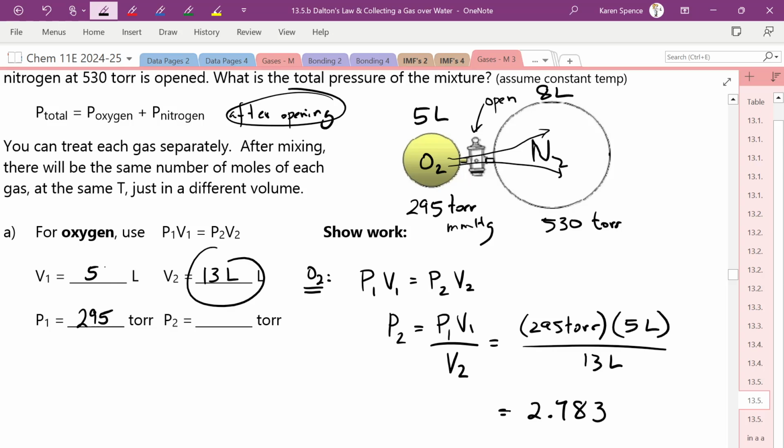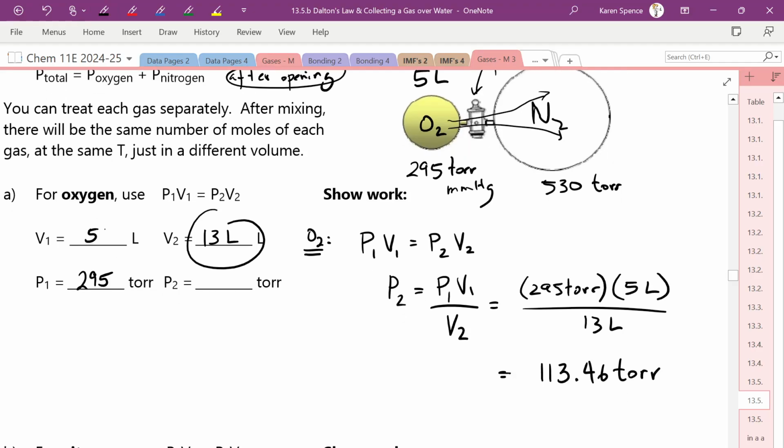All right, so we have 295 times 5, divided by 13. That looks better. And we get 113.46. So that is the pressure of the O2 after we've opened the valve.